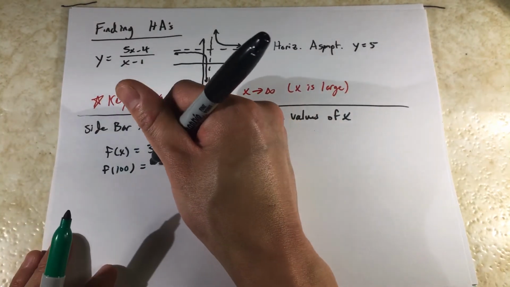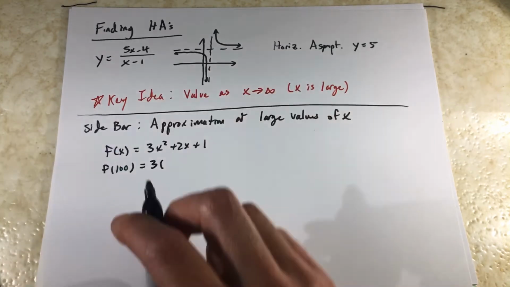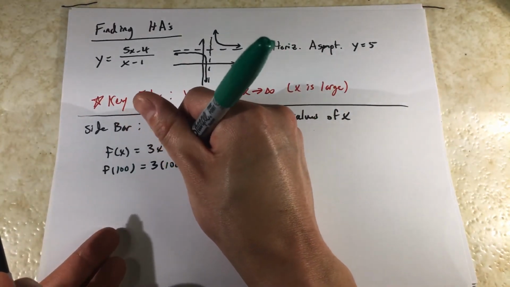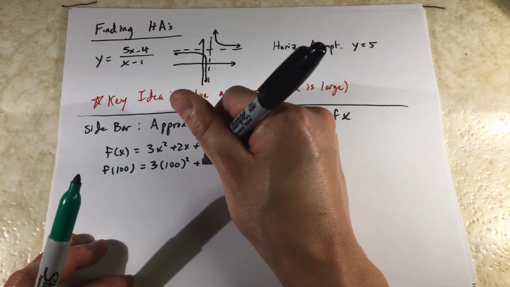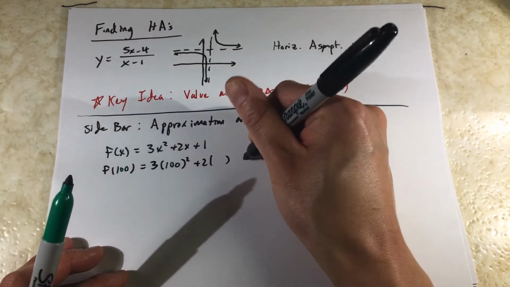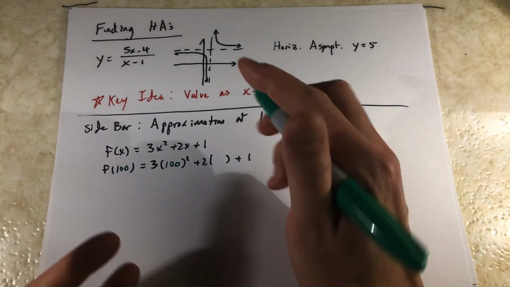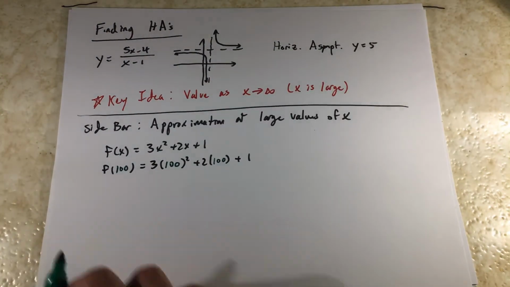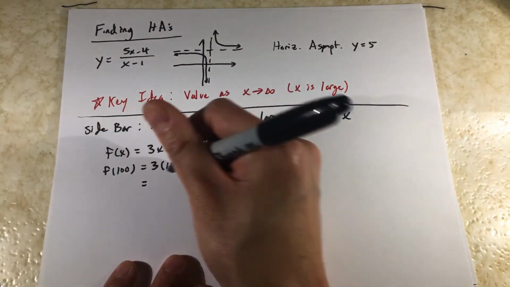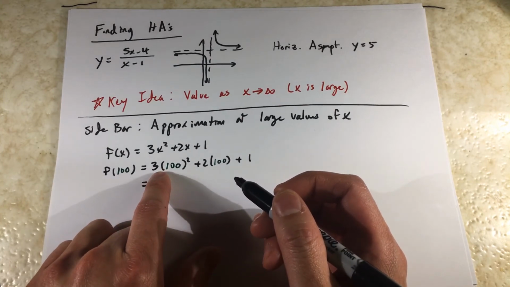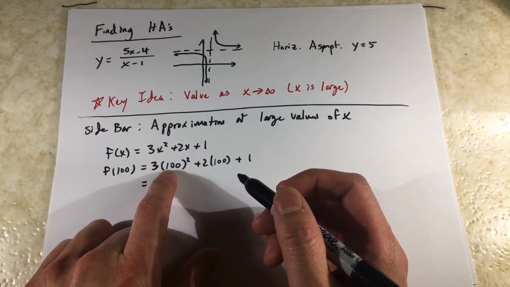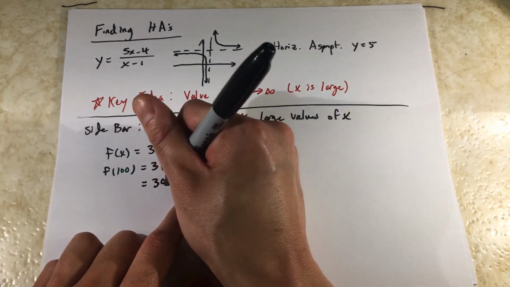So I'm going to plug in 3 times 100 squared plus 2 times 100 plus 1. If you actually calculate this, 100 squared is 10,000, so 3 times 10,000 is 30,000.